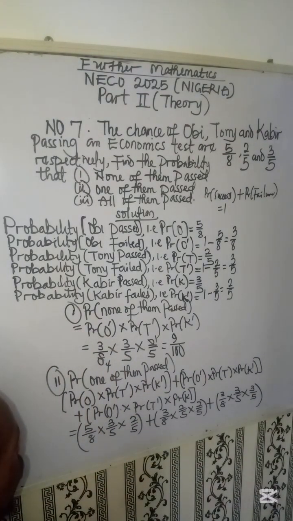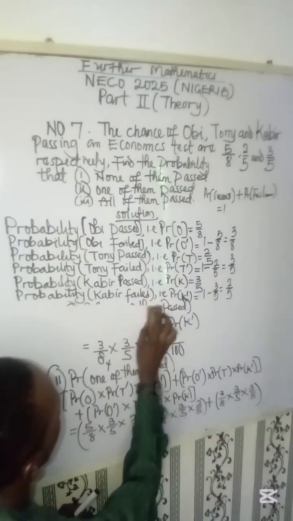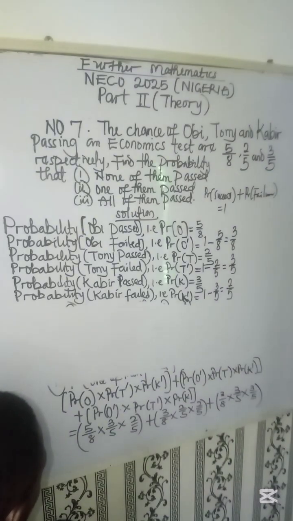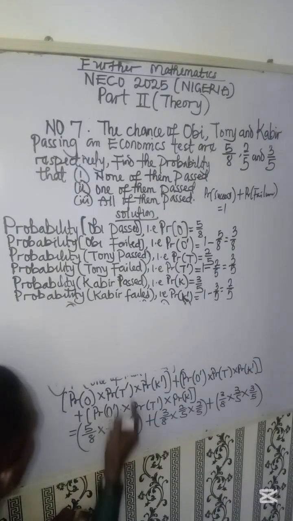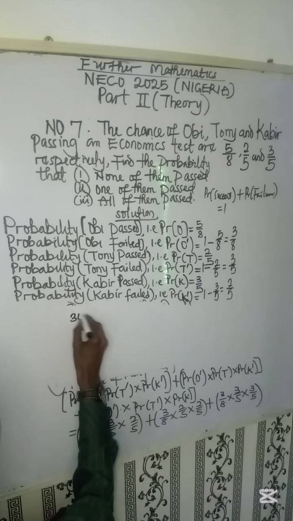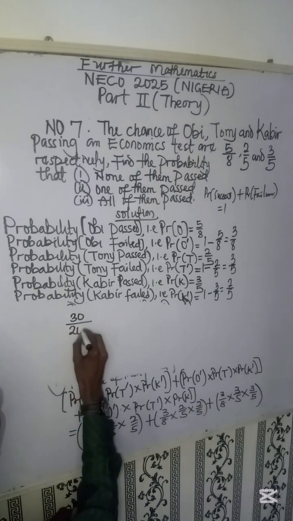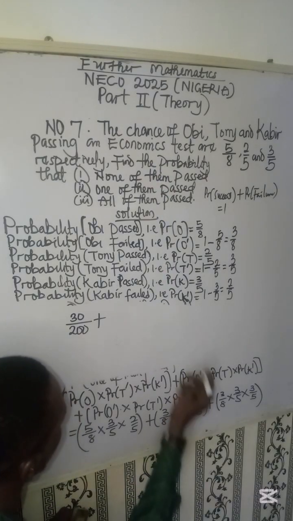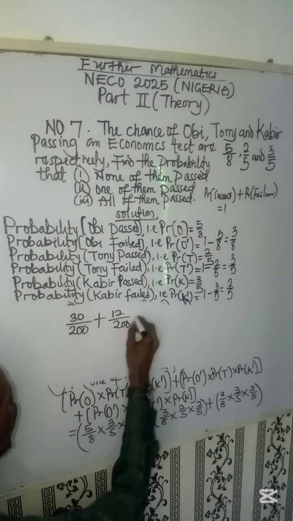Let's see what we will have here. I have 5 times 3, 15. 15 times 2, that's 30, divided by 8 times 5, 40, times 5, that's 200. Plus 3 times 2, 6. 6 times 2, 12. 12 divided by 200.